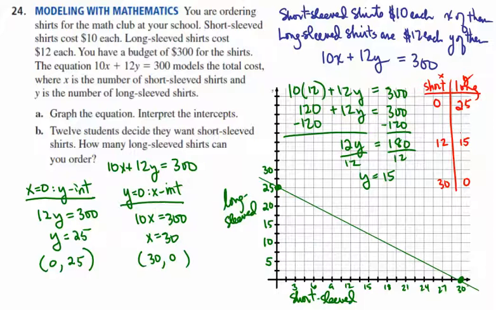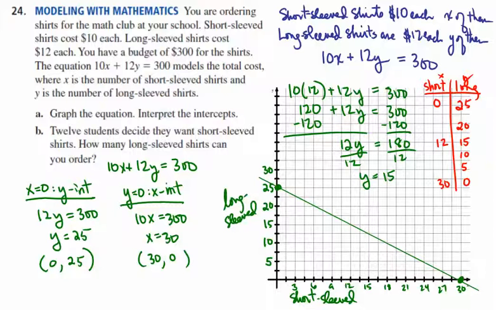So you might also from that think that we might be able to try 20 on the long sleeves. We might be able to try 10 and even 5 on the long sleeves as well. So let's see what happens if we had 20 long sleeve shirts. 20 long sleeve shirts would be 20 times 12 is 240.